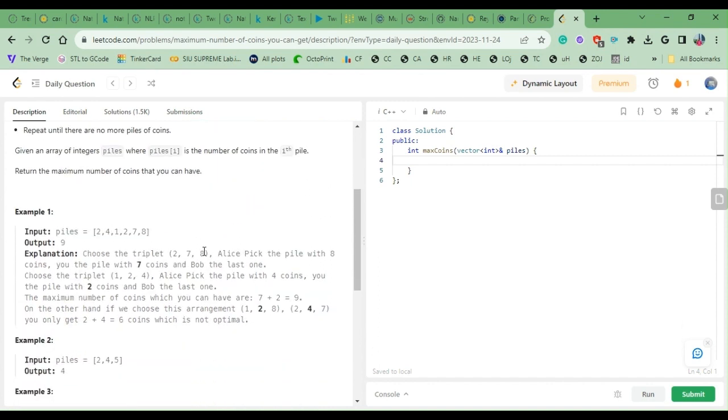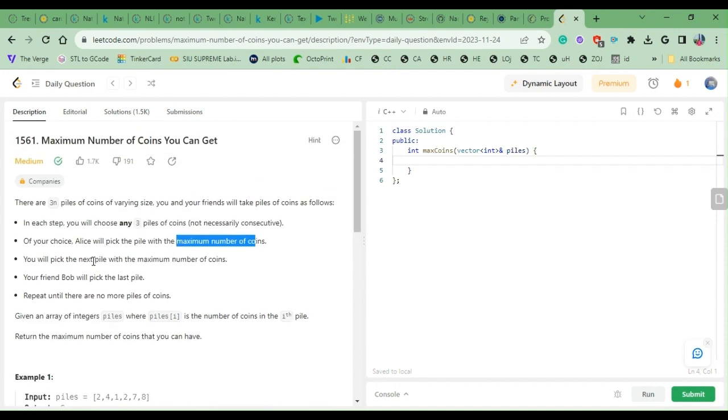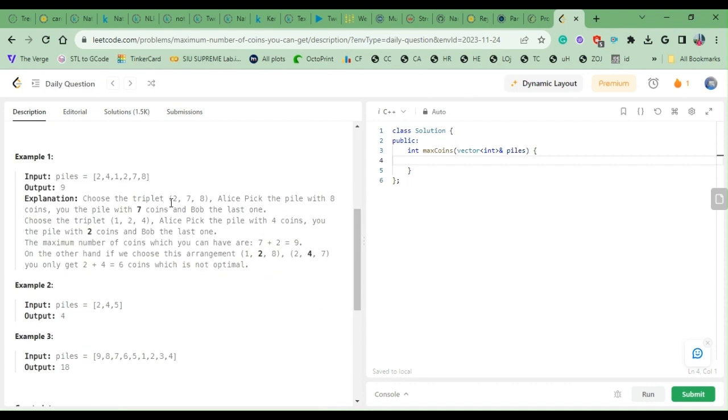Here 8 is the maximum, that is why Alice picked 8 coins. Then you will pick the next maximum number. In this triplet the next maximum is 7, so 7 is for you. And the remaining one, 2, by default Bob will pick.